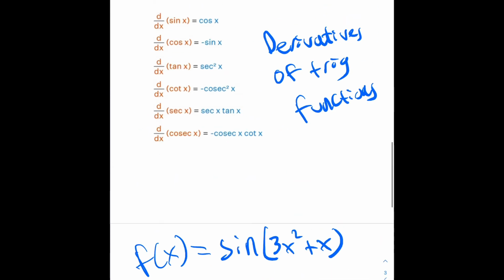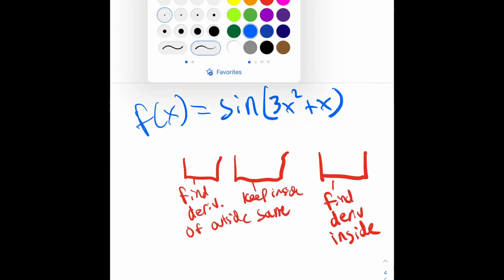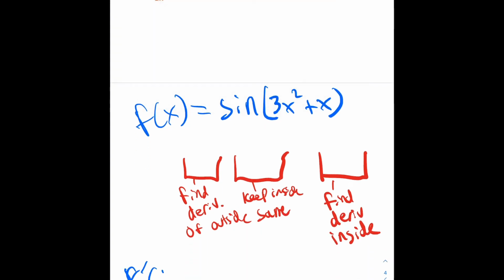So if we look at our function, the derivative of sine is cosine. So as I'm working through this, f prime of x, I'm going to get cosine, and I have to leave the middle the same because it's part of this function. Trig functions always have parentheses with stuff inside of them. And then I need to look at the derivative of the inside.